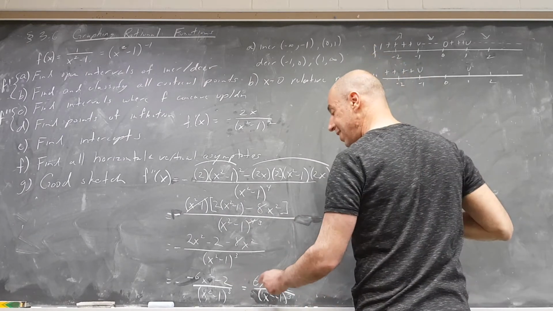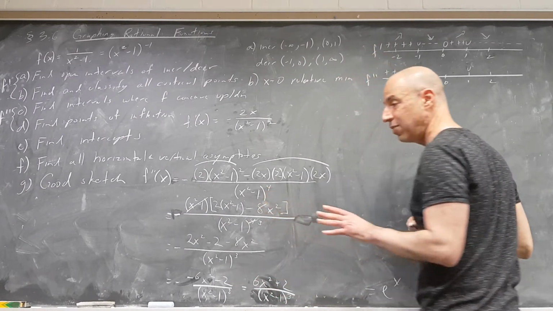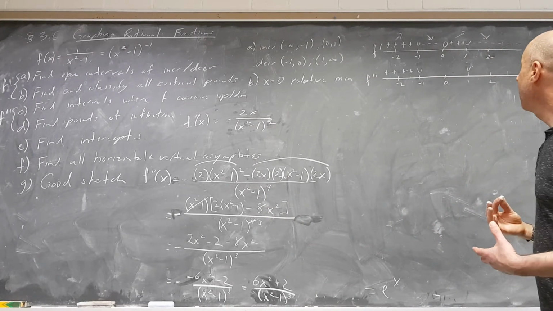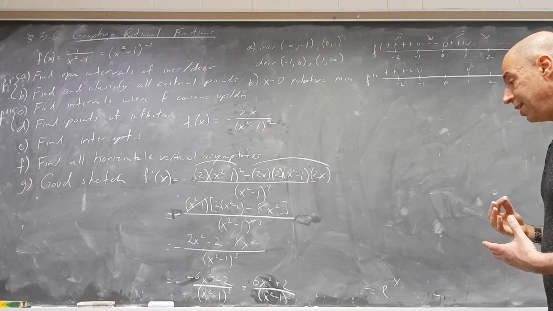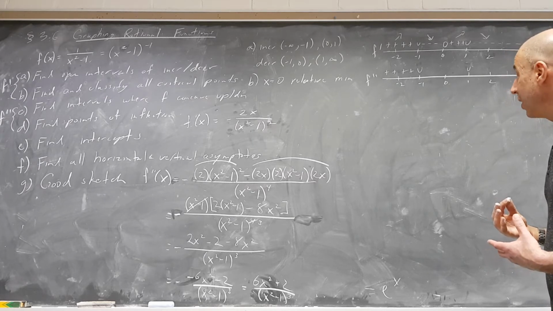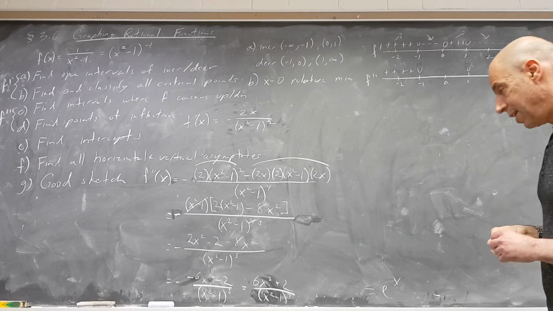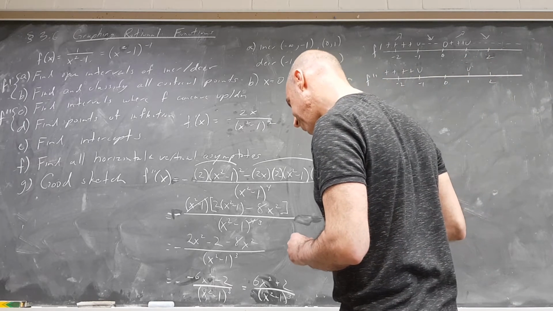This time you're plugging into the second derivative. When you're doing a second derivative sign chart, you plug everything into the second derivative. Wait a second. I think I made a mistake somewhere.